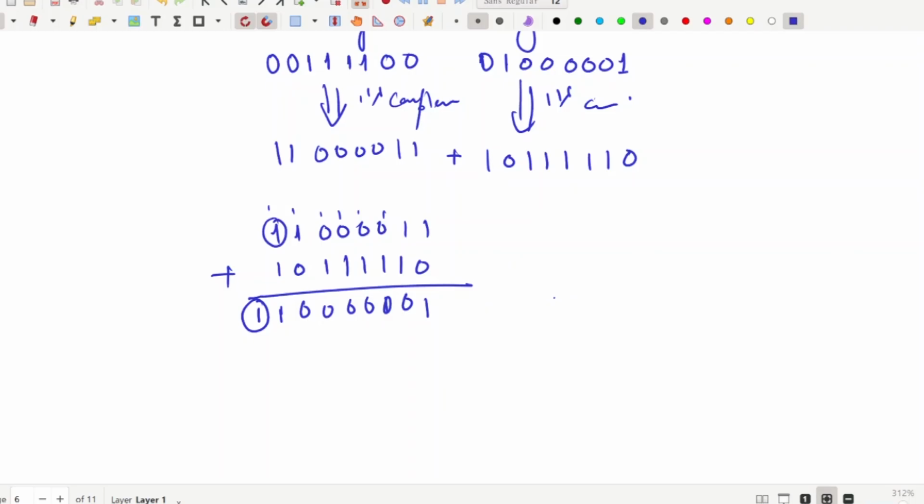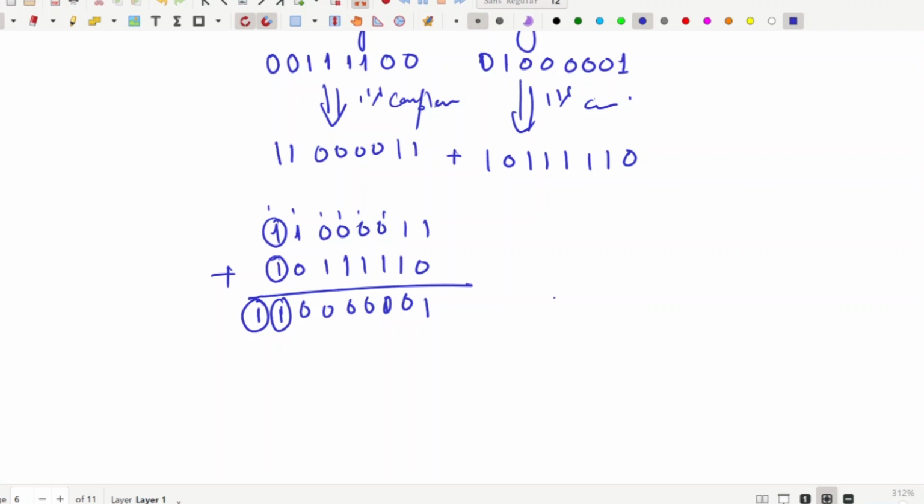This means both numbers are negative, as we took their complements, and the sign bit of the result is also 1. This means the result is also negative, and there is an extra carry bit, which we ignore, and we take the ones complement of the rest of the bits.